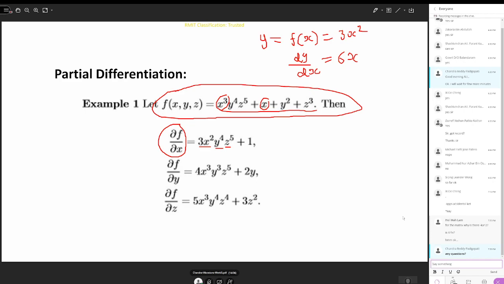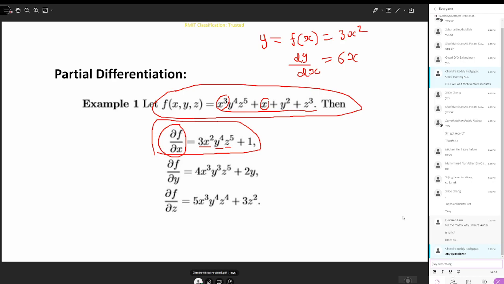The derivative of y square with respect to x will be 0, since y square is a constant. Similarly, the derivative of z cube with respect to x will be 0. So the partial derivative of this function with respect to x will be 3x square y to the power of 4 z to the power of 5 plus 1.